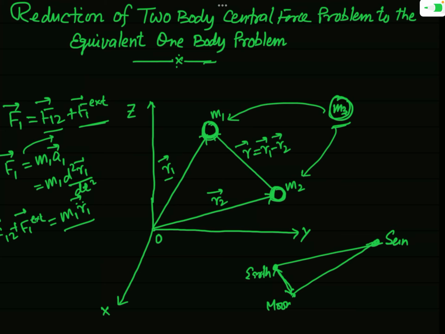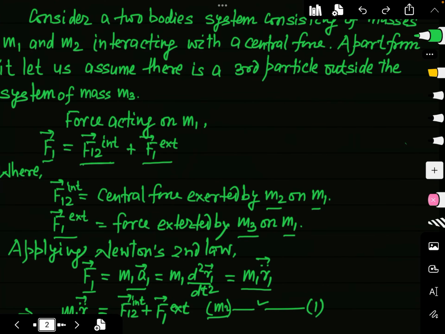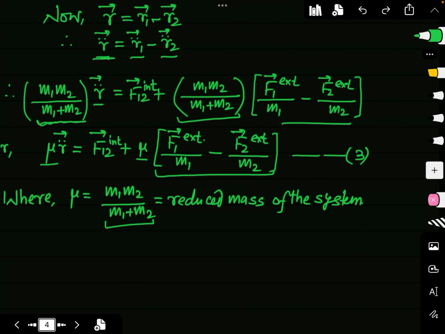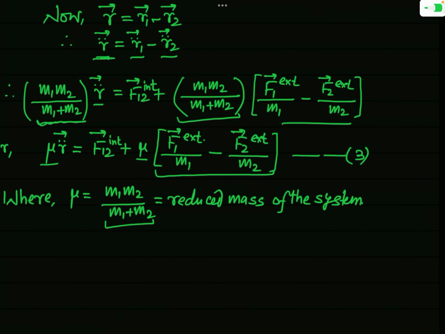But you know that the Sun also exerts force on the Earth, and the Sun also exerts force on the Moon. So those will be external forces. But the distance of the Sun from the Earth or the Moon is very large. So we consider this particular situation, when the source of external force, which we have denoted by the symbol m3, is far apart from our system.